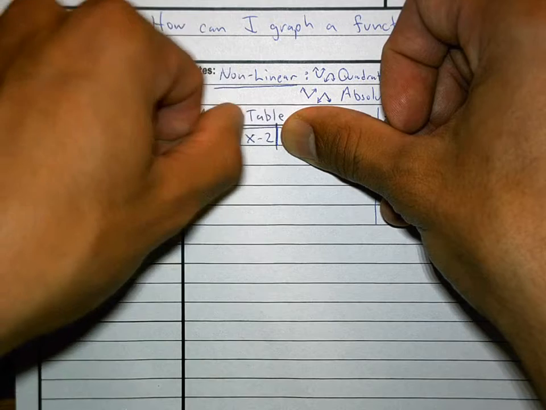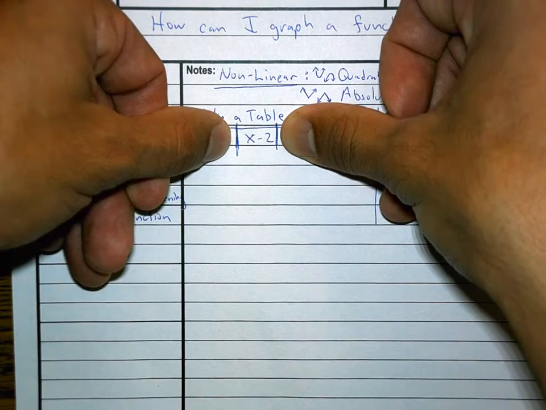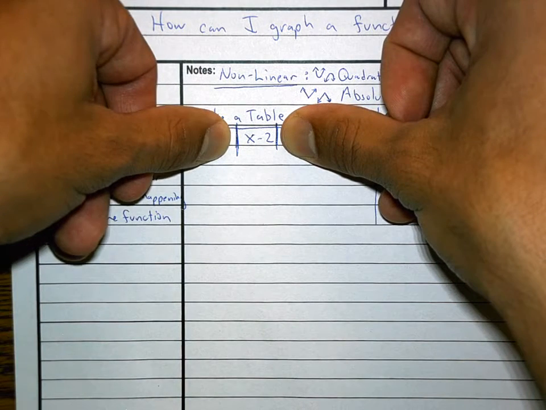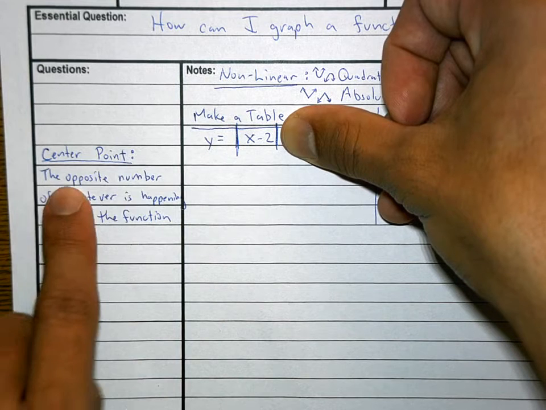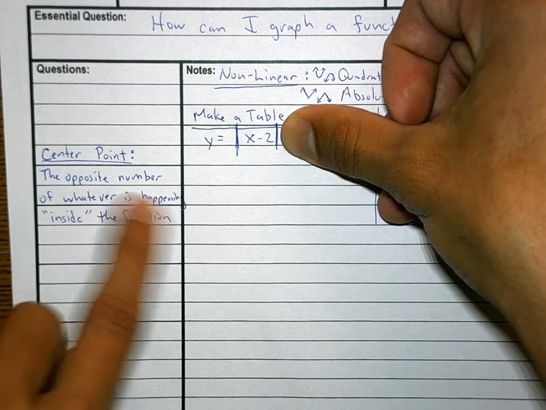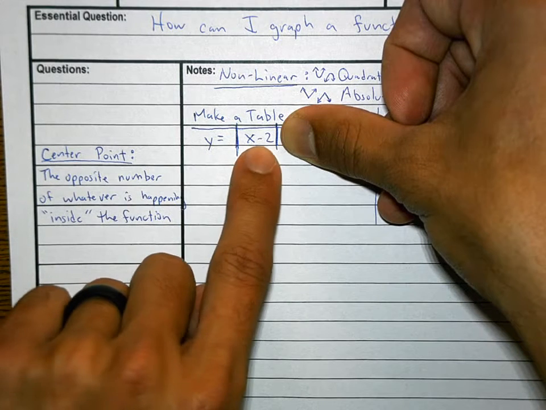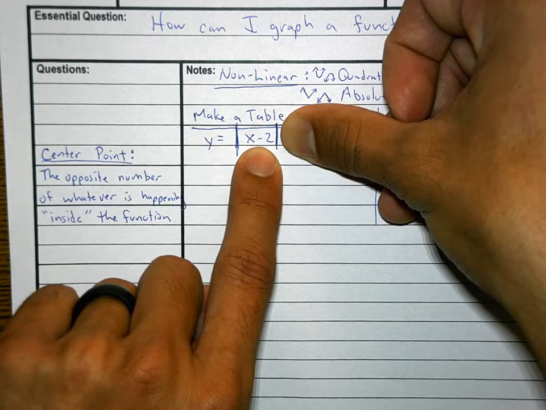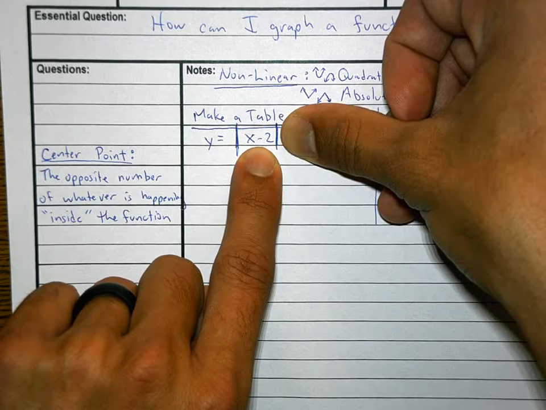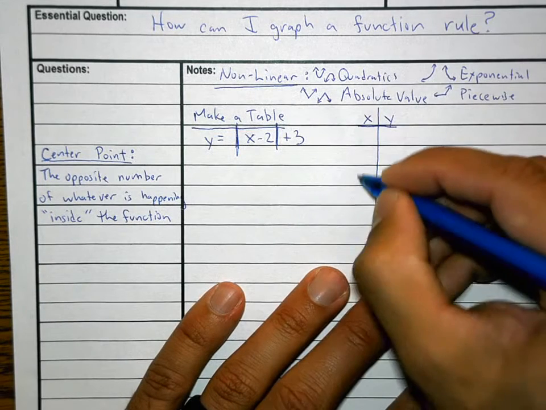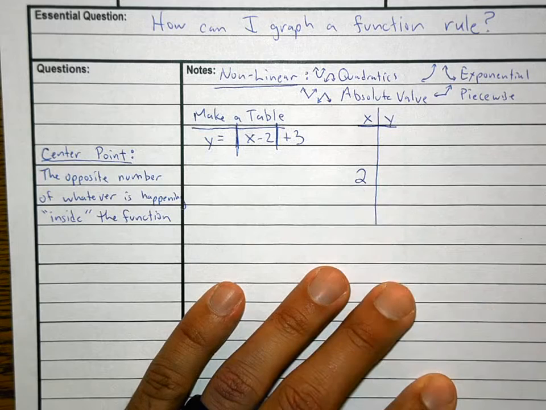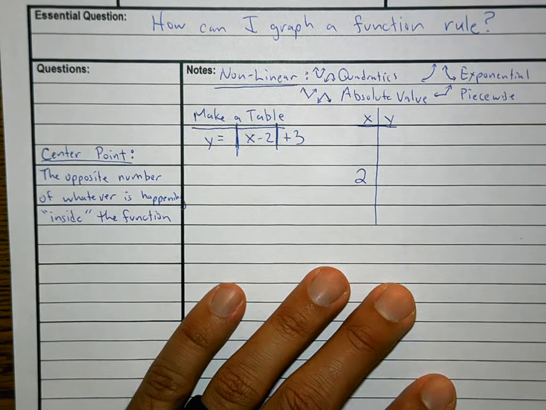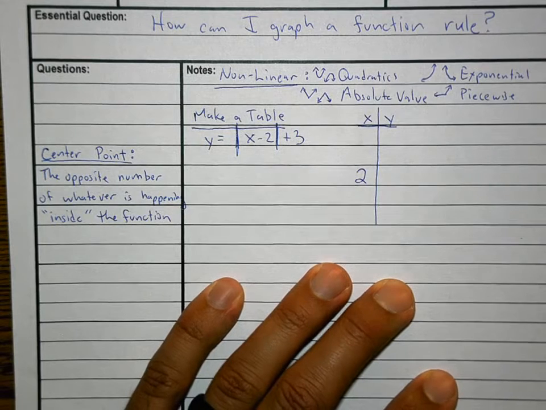What is inside the absolute value bars is this x minus 2. I want to do the opposite number of whatever's happening inside the function. See how this is minus 2? What's the opposite of minus 2? That is your center number for your x. That's the way I recommend you figuring out what your center number is.